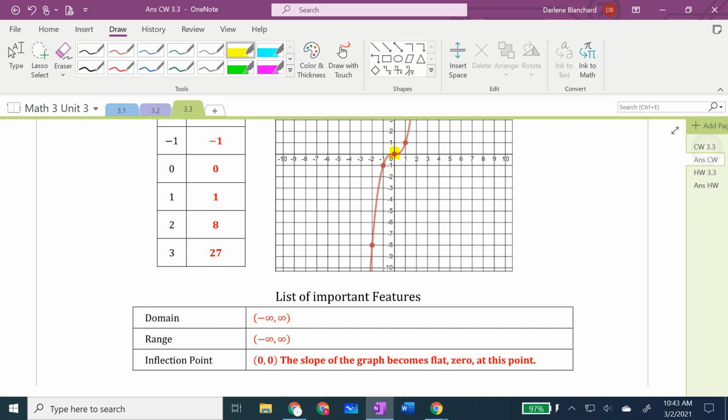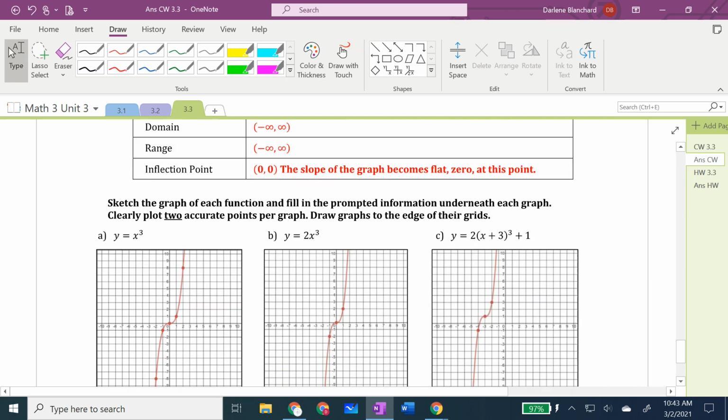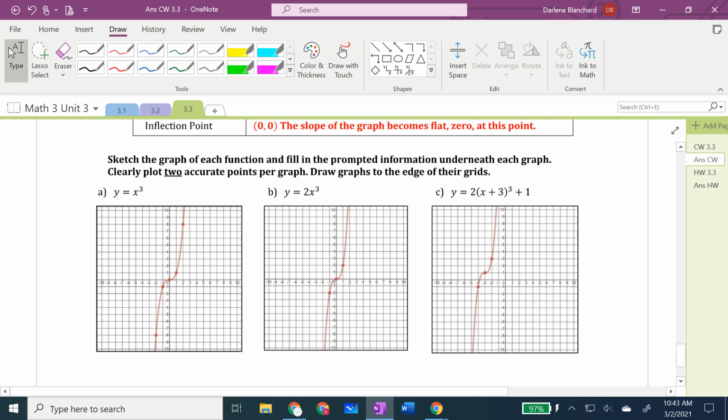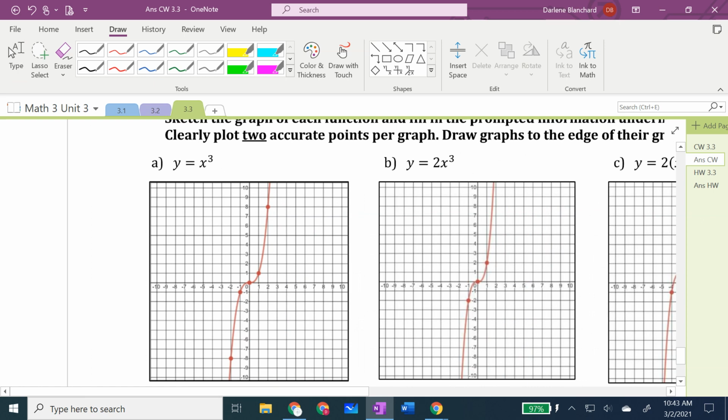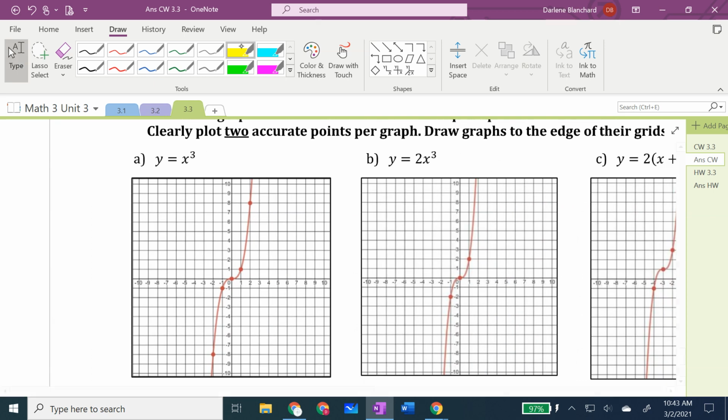Now, for the rest of your classwork, it's taking that graph and, in your homework, starting with the parent graph that we already drew. And then when you multiply outside the function by 2, you're taking the y coordinates, and the easiest ones to use, this trio.